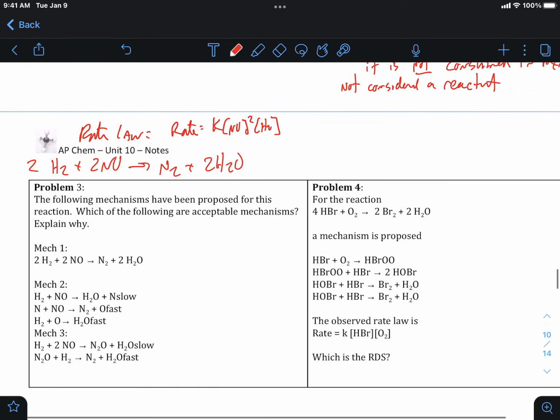Does the reactants of the proposed mechanism match up with the reactants in the rate law? Well, the reactants do, but everything has to match. The coefficients that turn into exponents have to match also. And here it is not the case, because NO has a coefficient of 2 and hydrogen has a coefficient of 2. If this was just a one-step process, the rate law would show 2 here and 2 here. So this is not an acceptable mechanism.